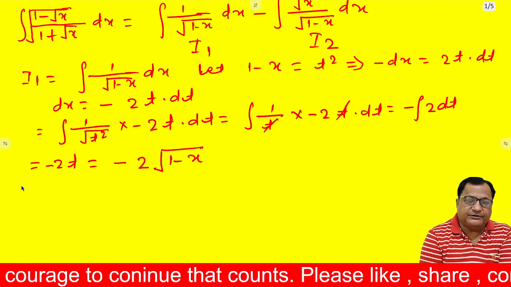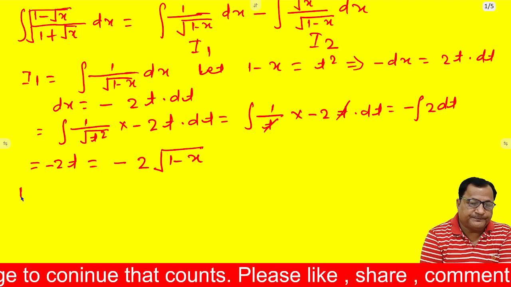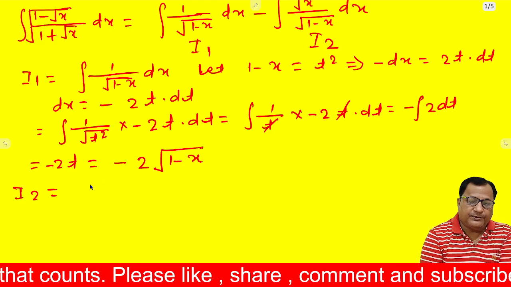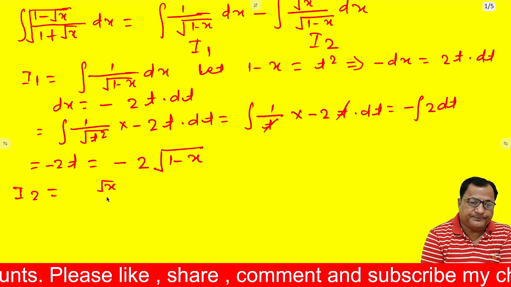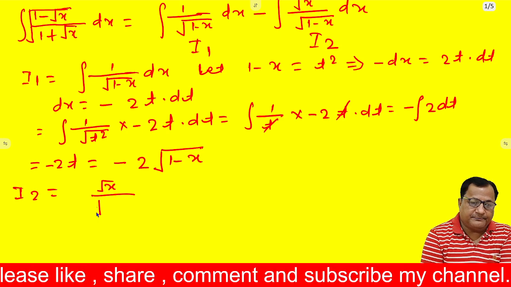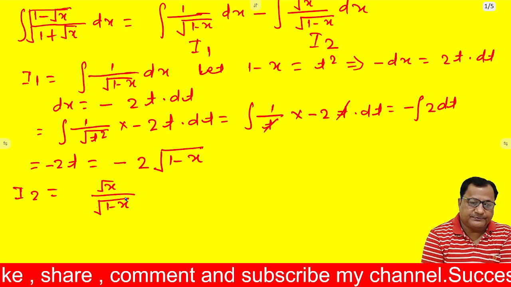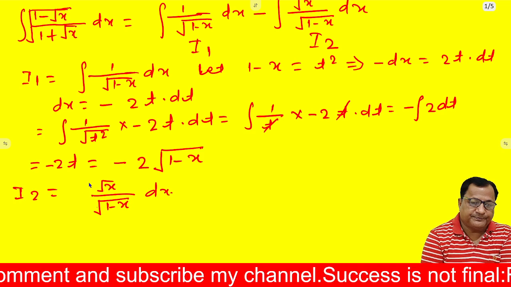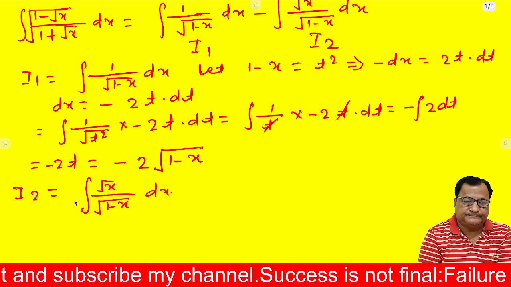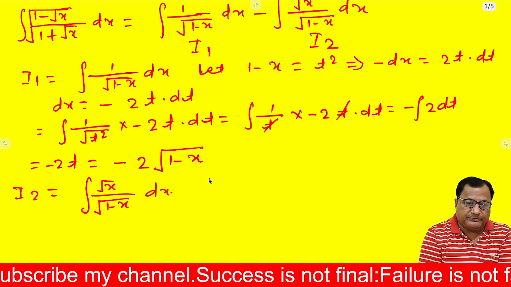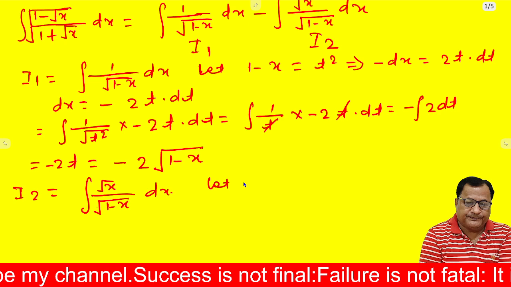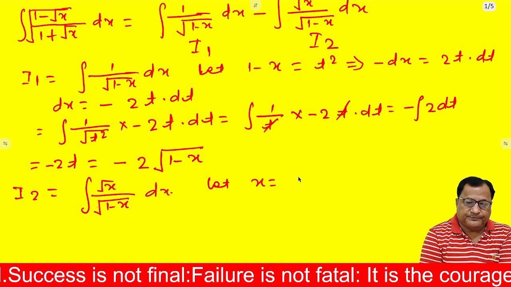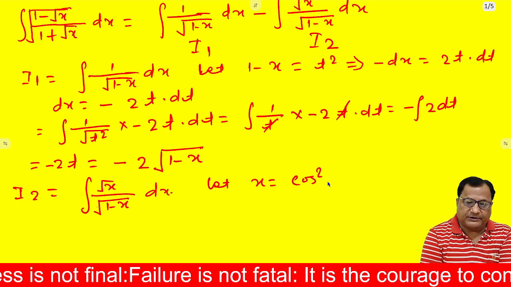Now we'll integrate I2. I2 is equal to the integral of root x by 1 minus x dx. So here we'll let x is equal to cos square theta.